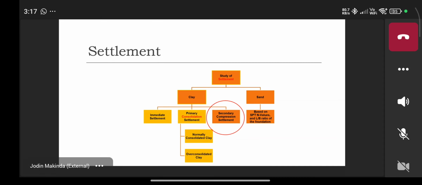And the rearrangement of the particles reduces the thickness of the layer slightly. And this one will take a long time, almost close to infinity. Therefore, we usually mention how long we are going to study the secondary compression.